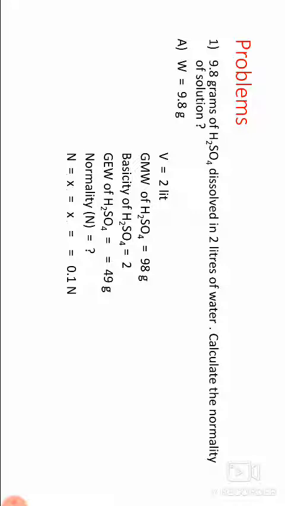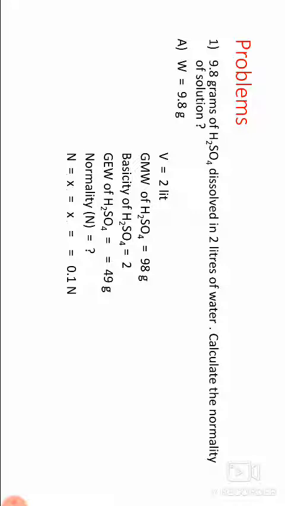Next example, H2SO4. The H2SO4 divides into 2H plus and SO4 minus 2. It contains 2 hydrogen H plus ions because it displaces 2 hydrogen atoms, so 98 divided by 2 equals 49.